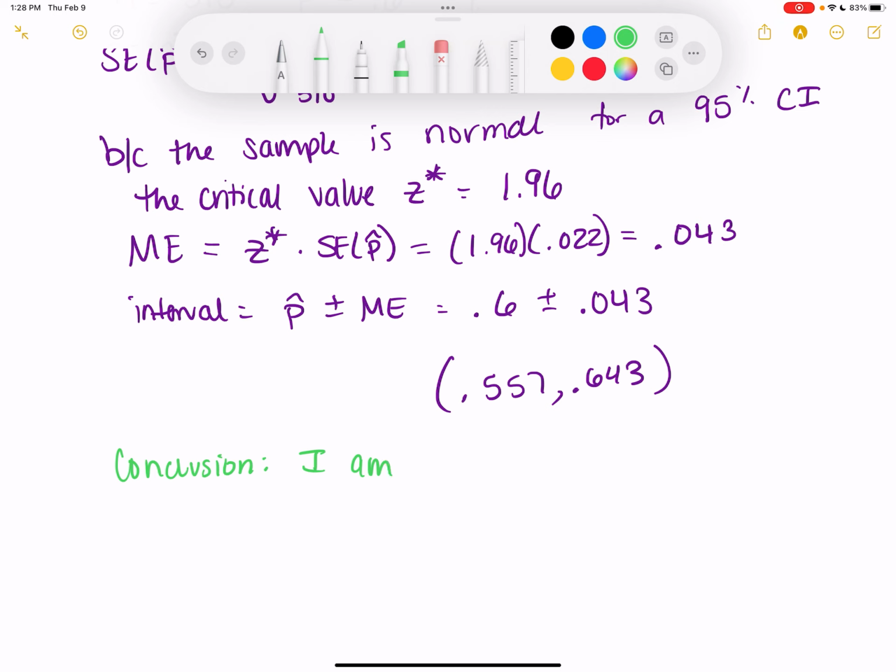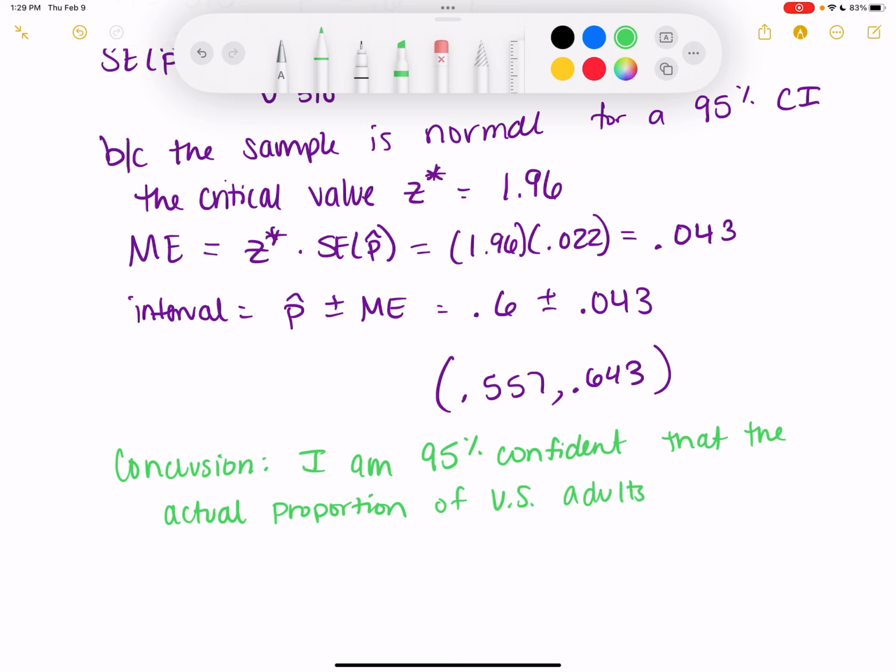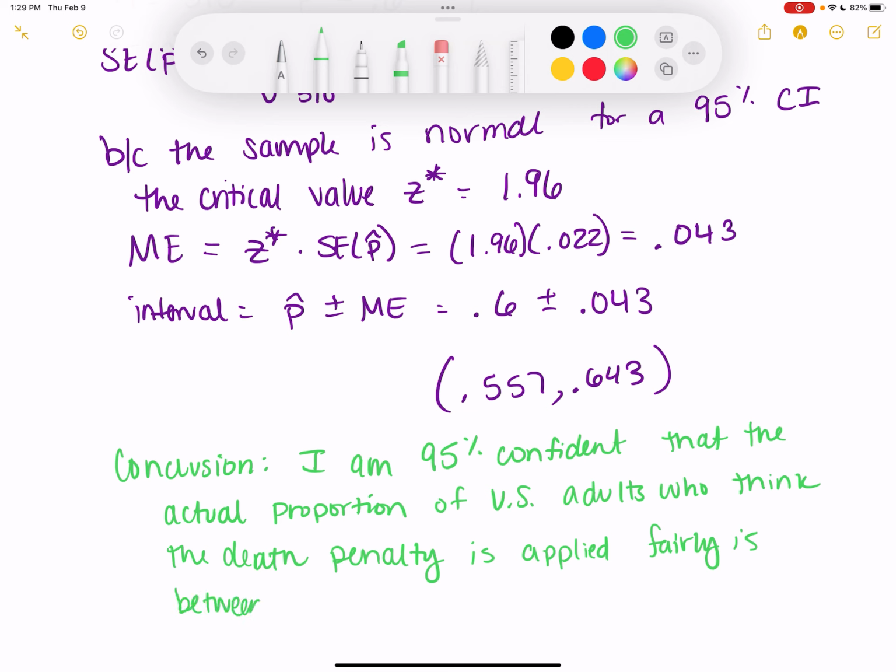So: I am 95% confident that the actual proportion of U.S. adults who think the death penalty is applied fairly is between 55.7% and 64.3%.